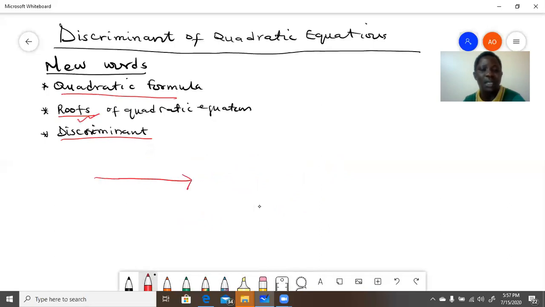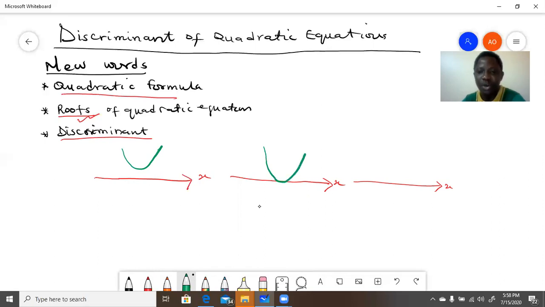Let's say this is our x-axis. Now, let's assume that when we draw the graph of our quadratic equation, the graph is like this. Or sometimes when you draw it, you have something like this.